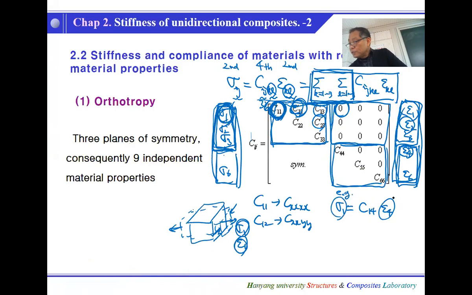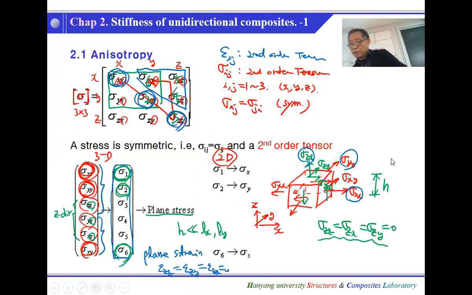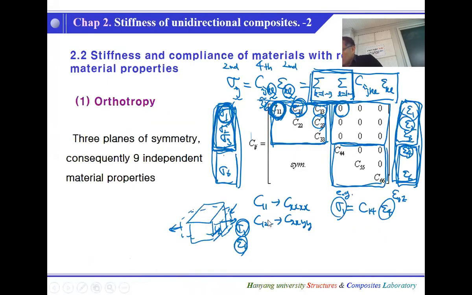Epsilon 4 is, in terms of XYZ, epsilon YZ, right? Going back to here, this is the 1, 2, 3, 4, epsilon YZ, and this one is the sigma XX.